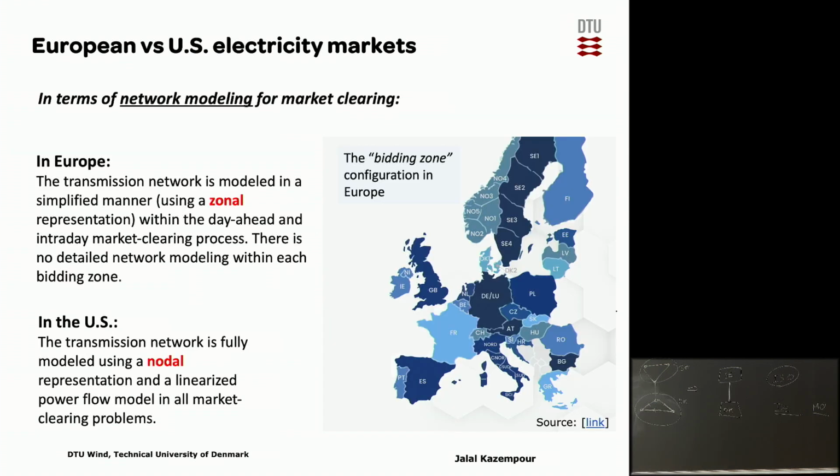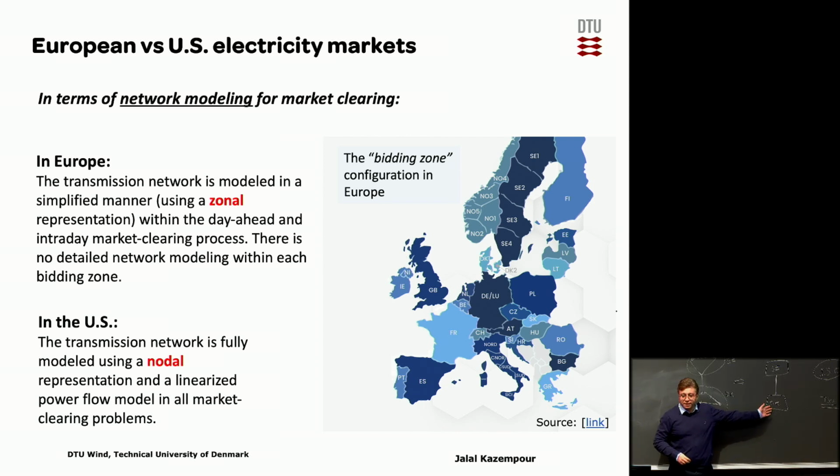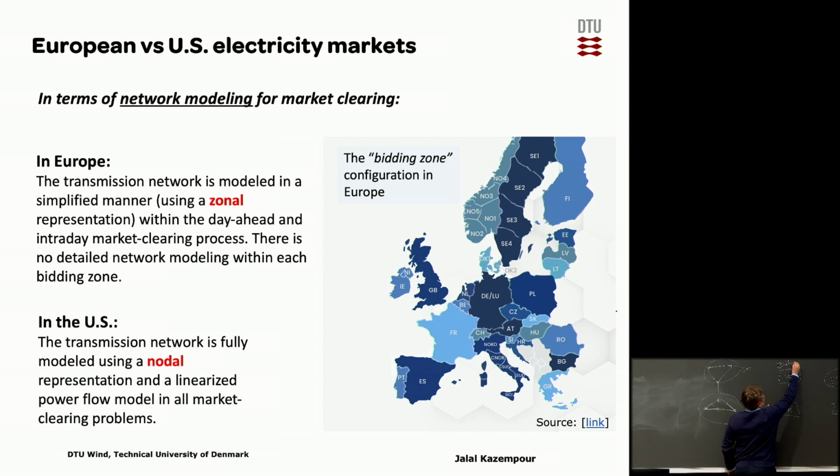The second difference is what we just discussed, nodal versus zonal. In Europe, we go for a simple way of representing the power grid using something called bidding zones. While in US, we go for nodal representation.